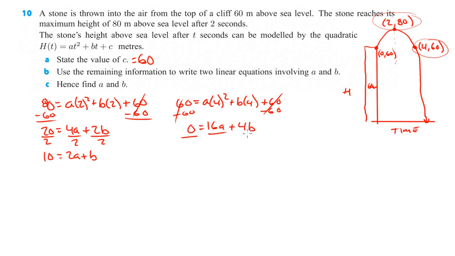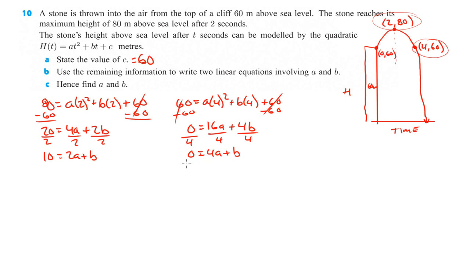We can also factor these all by 4, and we get 0 equals 4a plus b. So now we have two equations with two unknowns, and now we can go through and solve this.